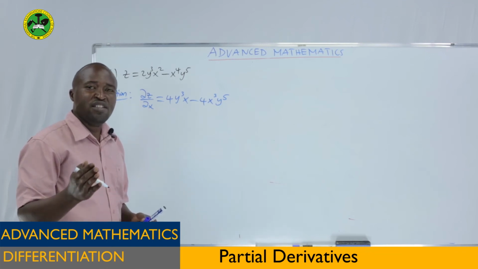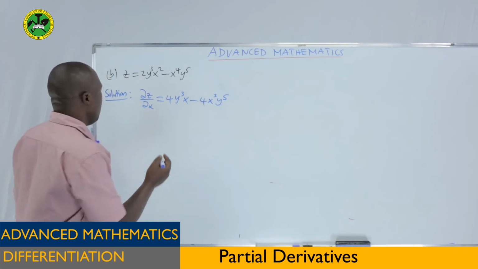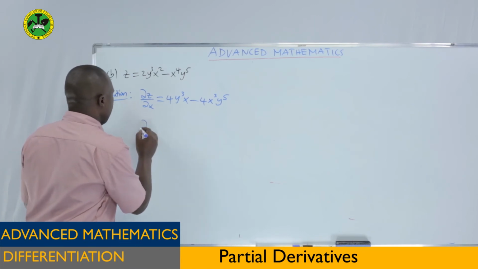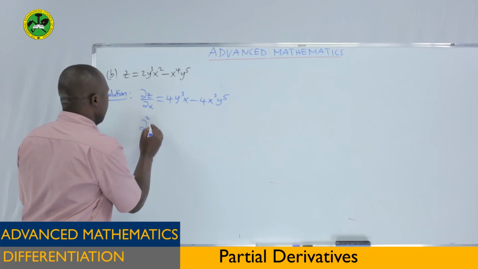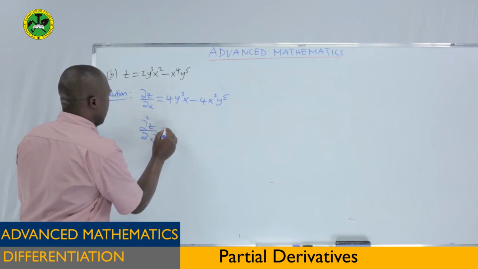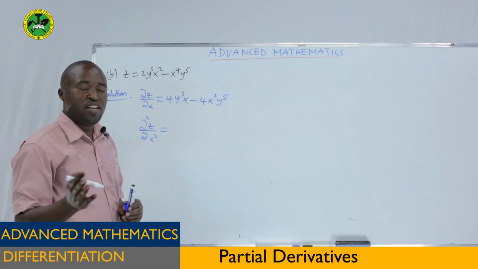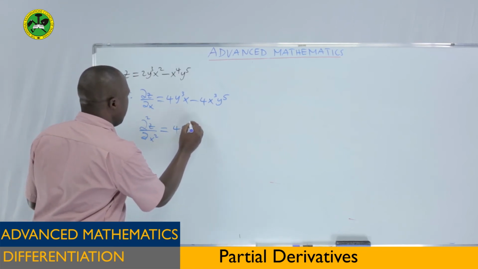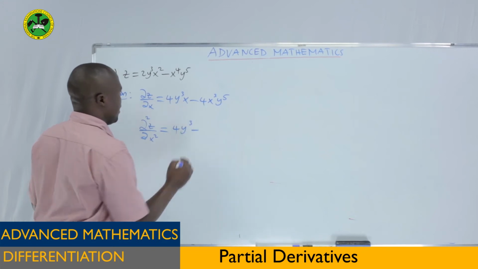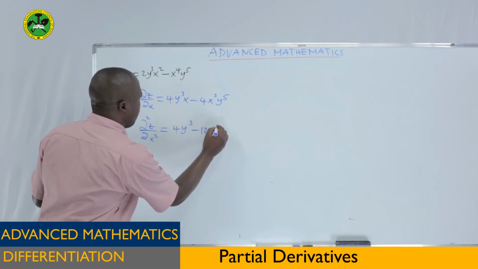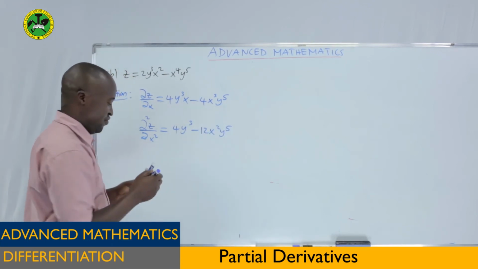So we can proceed with the second order partial derivative with respect to x. So in this case, we have, that is the second order partial derivative of z with respect to x. This one is equal to, again, y is constant. So here we have 4y cubic, then minus, that will be 12x squared y power 5.